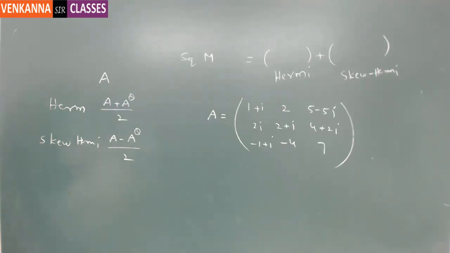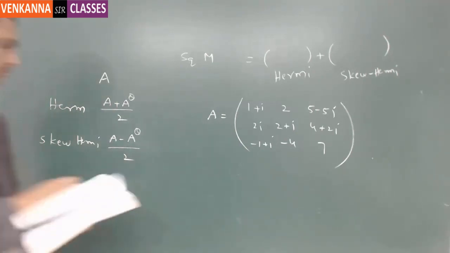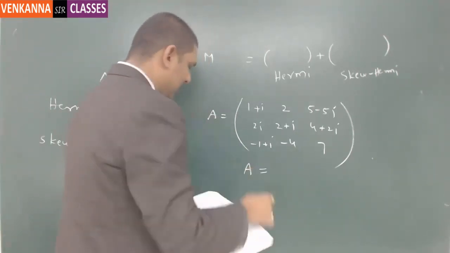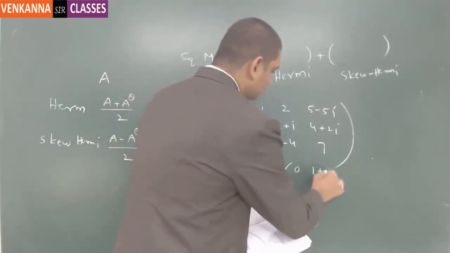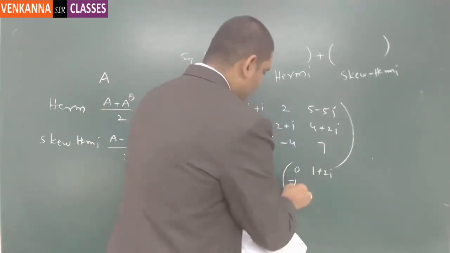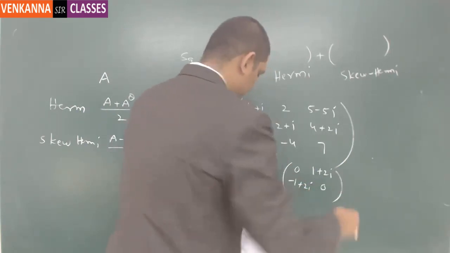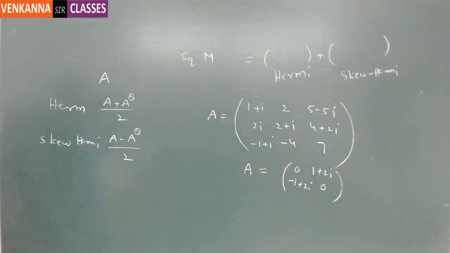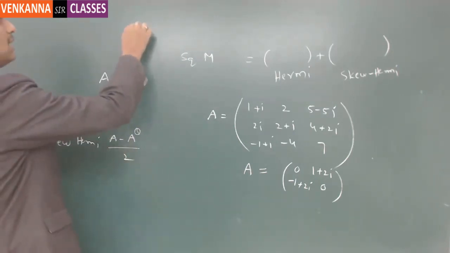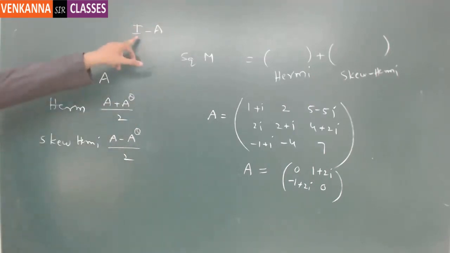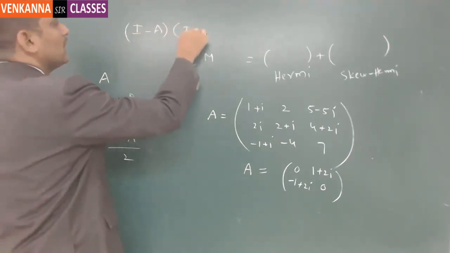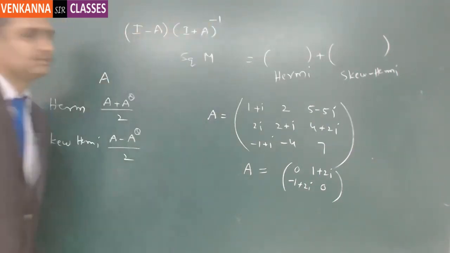I want to give one more small assignment to you. Suppose you have taken A equal to the matrix 0, 1 plus 2i; minus 1 plus 2i, 0. Now calculate (I minus A), identity matrix minus A, into (I plus A) whole inverse.